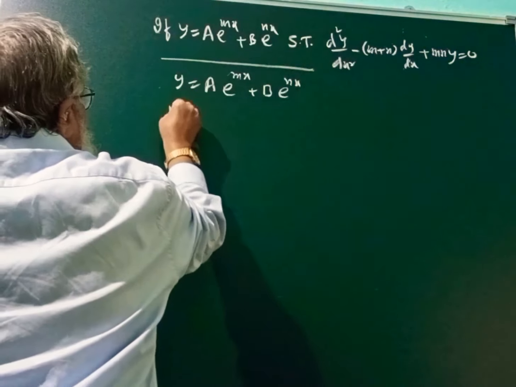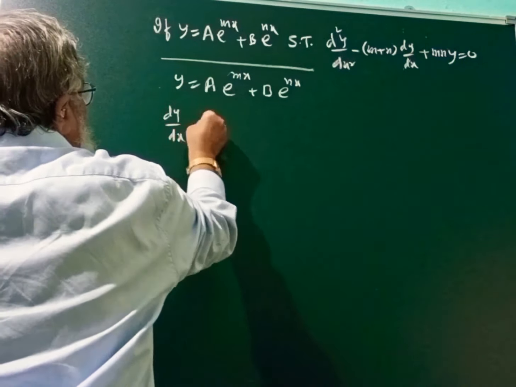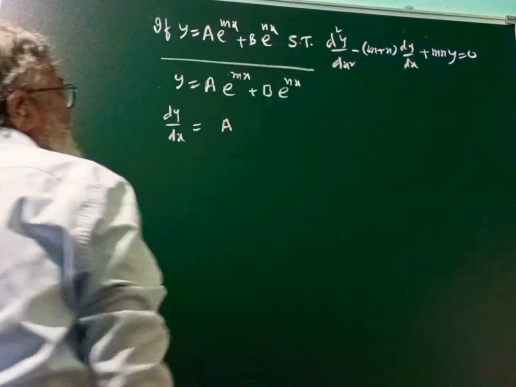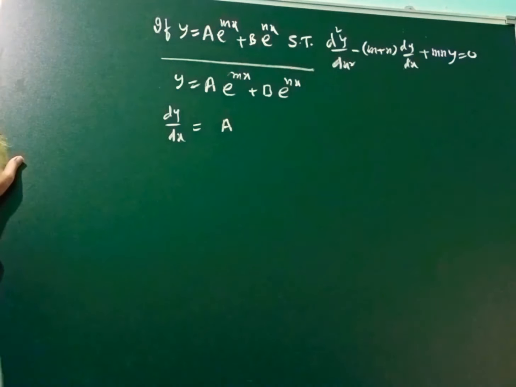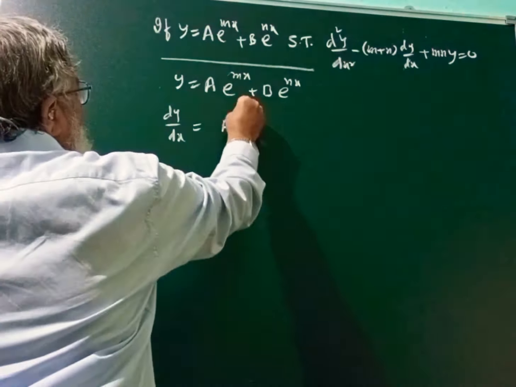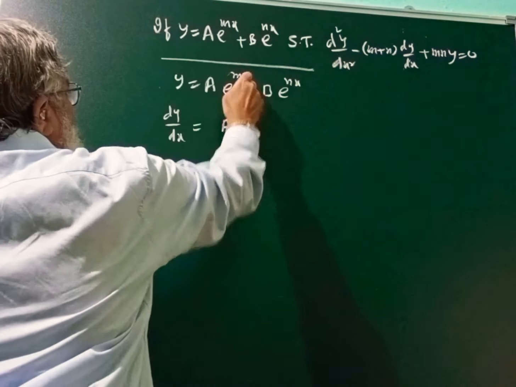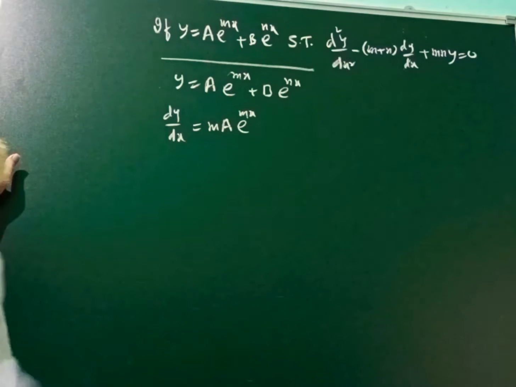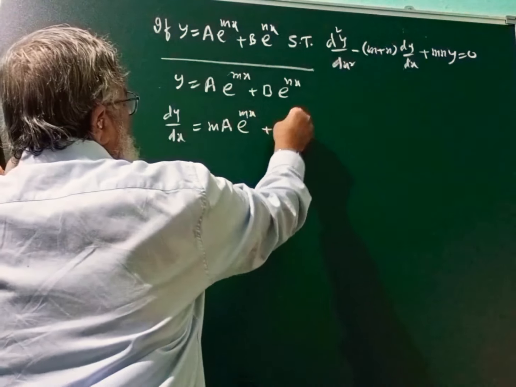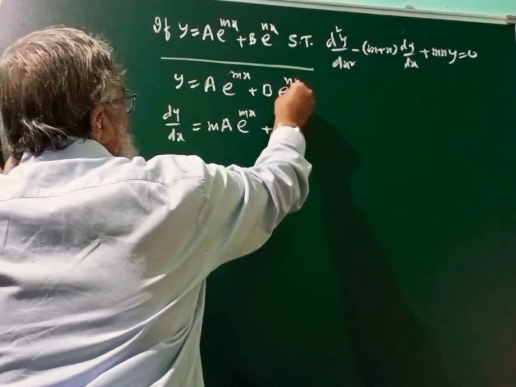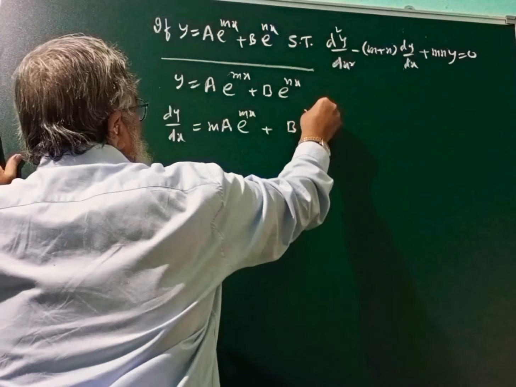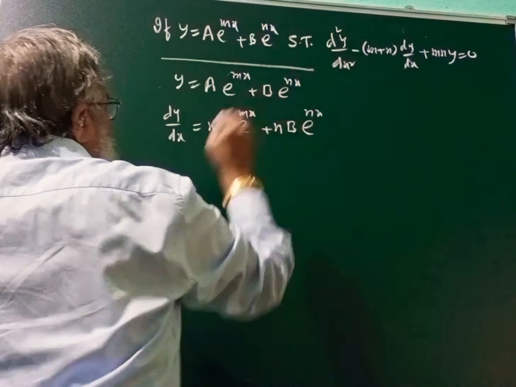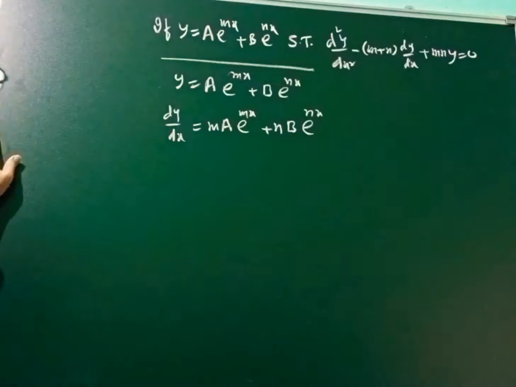Now differentiate with respect to x. dy by dx: a is a constant, product as it is. Differentiation of e is e, differentiation of mx is m. Again, the same way here also b is the constant. Differentiation of e is e, nx is n. First differentiation is over.